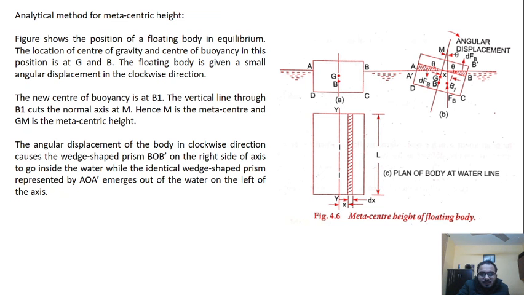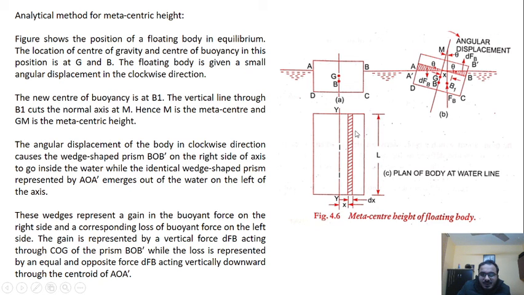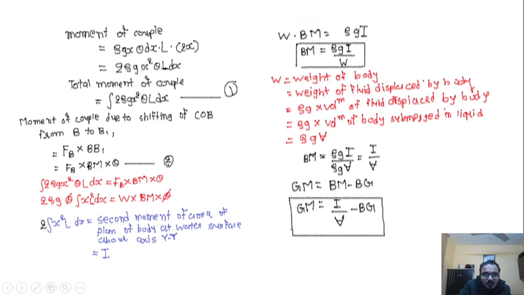Here we took a small strip for our analysis, and then we integrated the total moment of couple, and we equated it with the moment of couple due to shifting of COB from B to B prime.